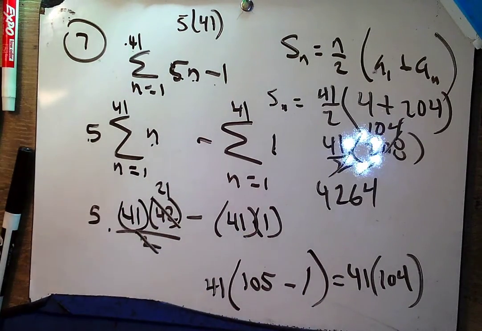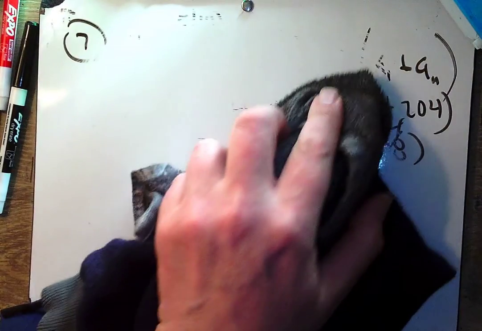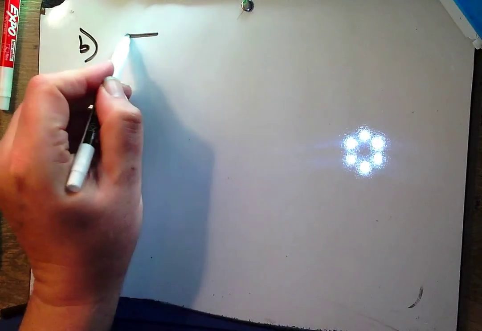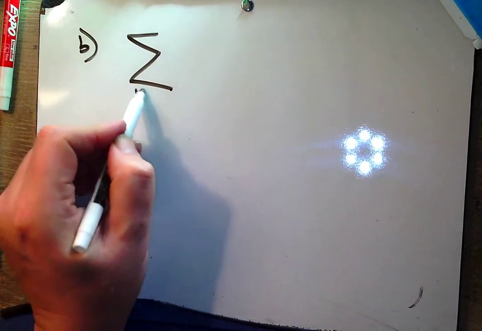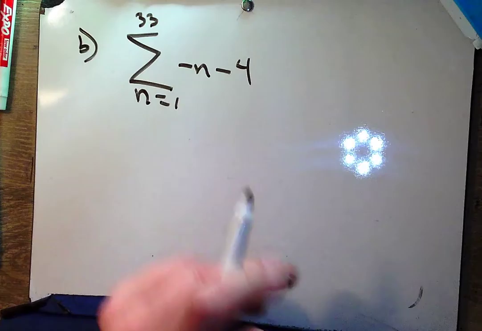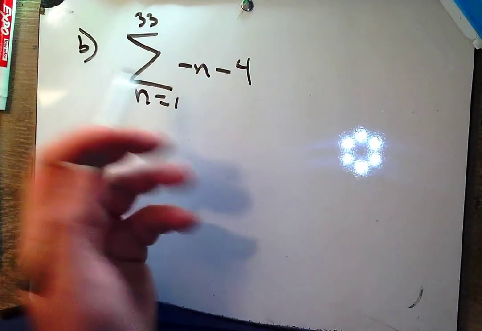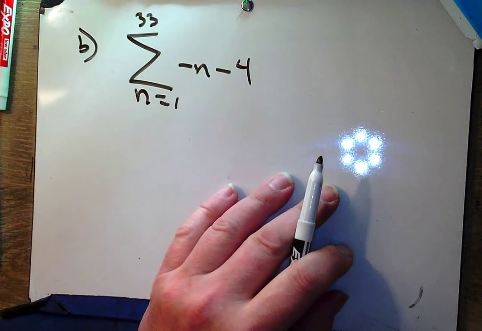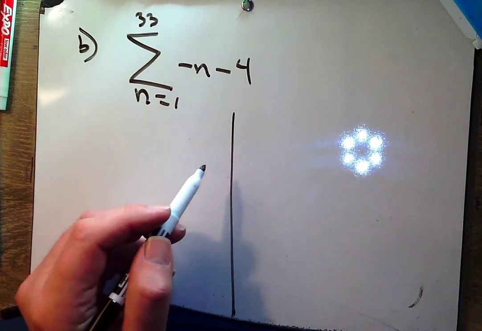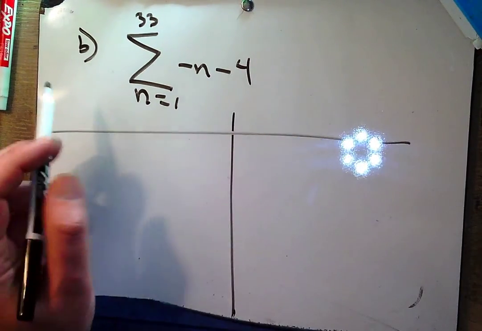All right. And I think there was a part B there, wasn't there? Yeah, part B. Let's take a look at that. B says we're looking for the sum from n equals 1 to 33 of negative n minus 4. Again, we could use our sigma shortcuts, or we could use the sum of an arithmetic sequence. So let's look at both.